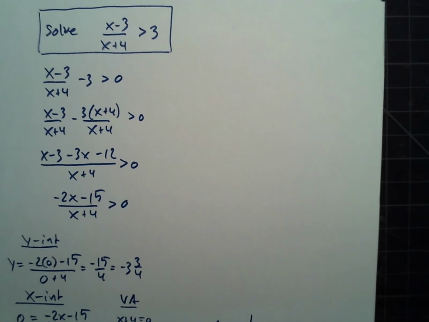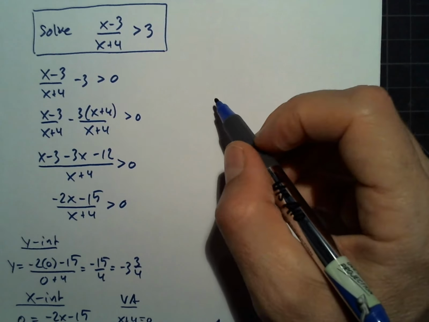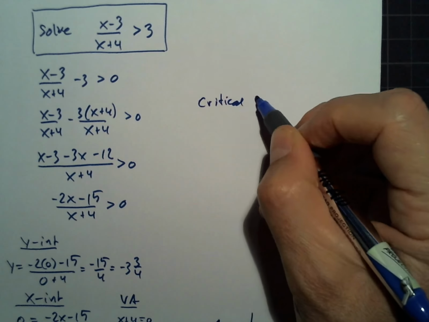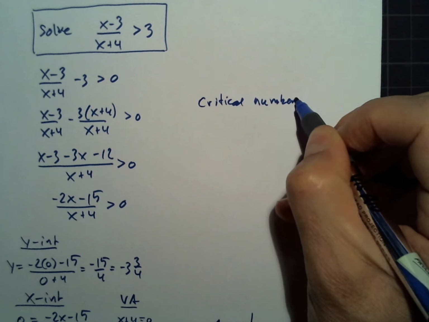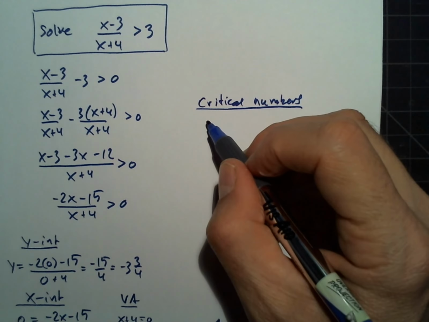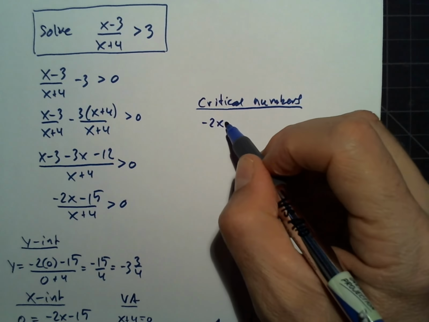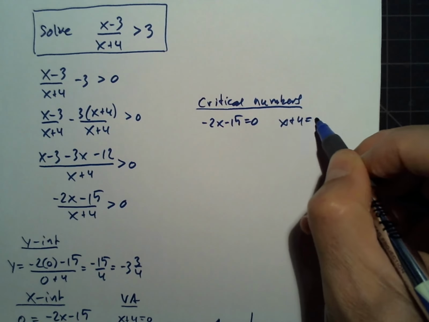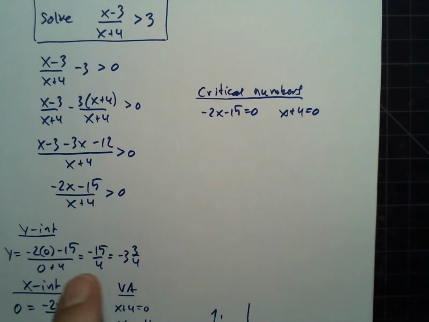Okay, if we do it numerically, we look for critical numbers. That's when the numerator is 0, or the denominator is 0, and we are using this.